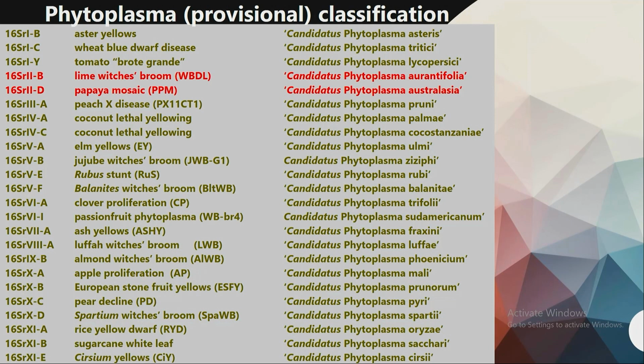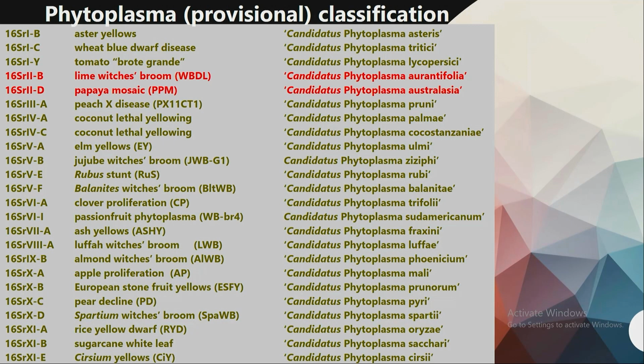Here you see a comparison between the ribosomal group and the Candidatus phytoplasma. I hope to be clear, because all my students are not understanding well when I explain this, so I try to be more clear with you. Both this provisional classification is made on the same gene, that is 16S ribosomal gene.